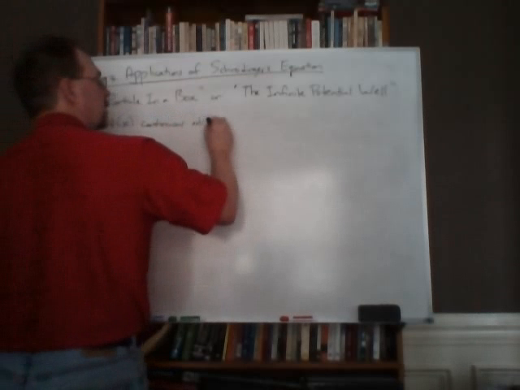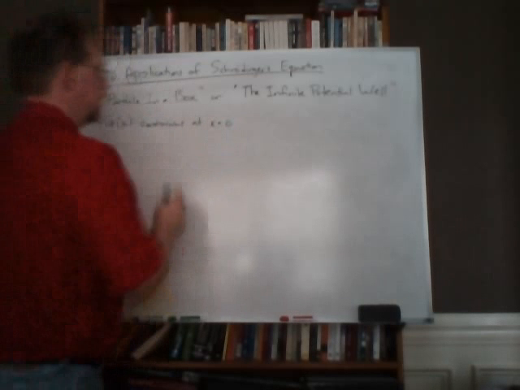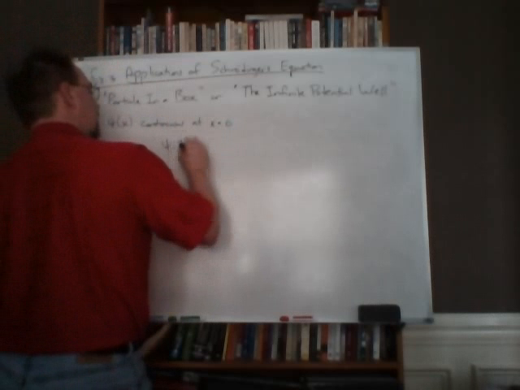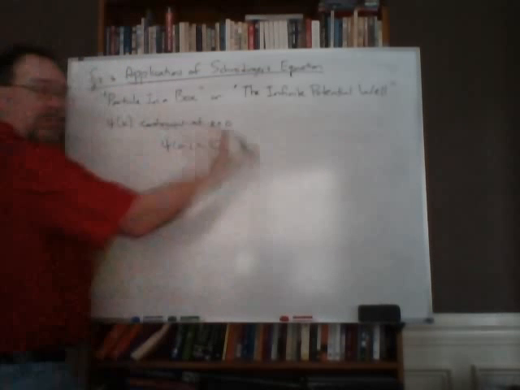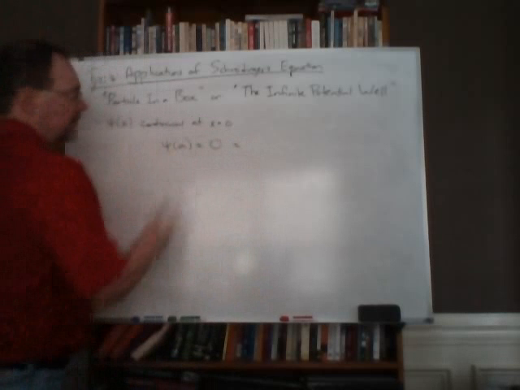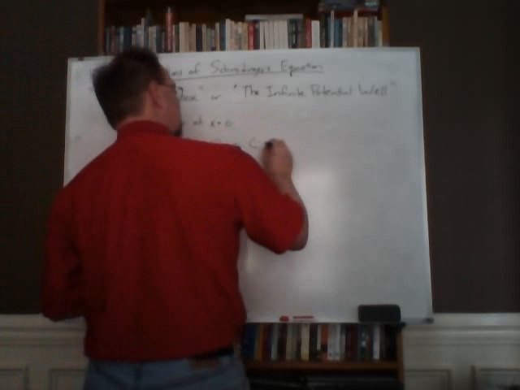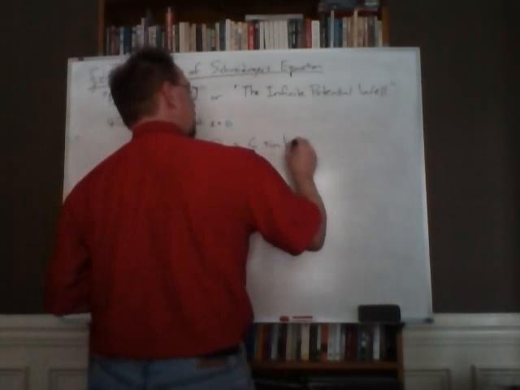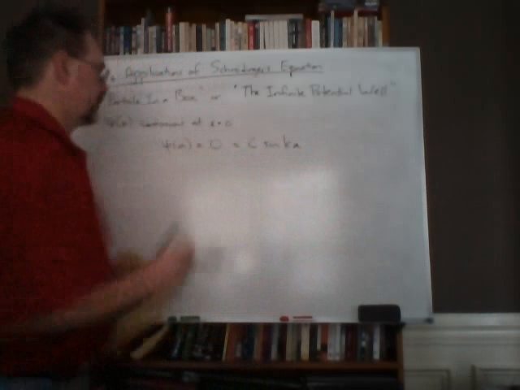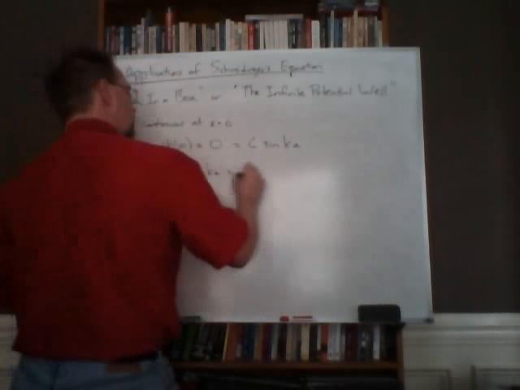Continuous everywhere, but this is where we get some information. So at a, looking at region 3, where psi is 0, we get that it's 0. And then in region 2, we have C times sine kx, but now x is a, and that's equal to 0. So we have C sine ka equals 0.